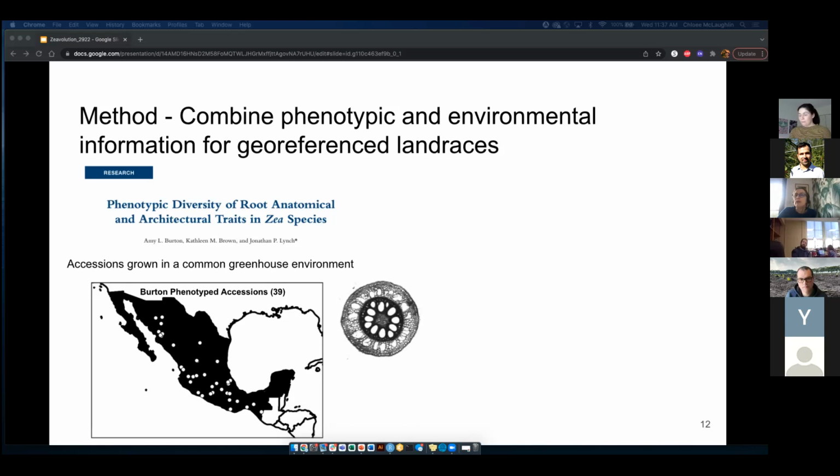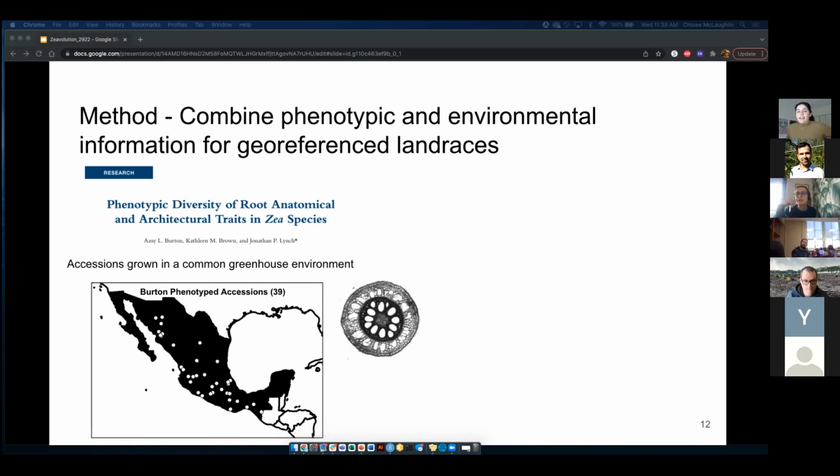So I understood you will be looking at the mapping population, the Mexi-MAGIC, so the parents of the population, right? Yes. So you will also be mapping those traits using these populations?